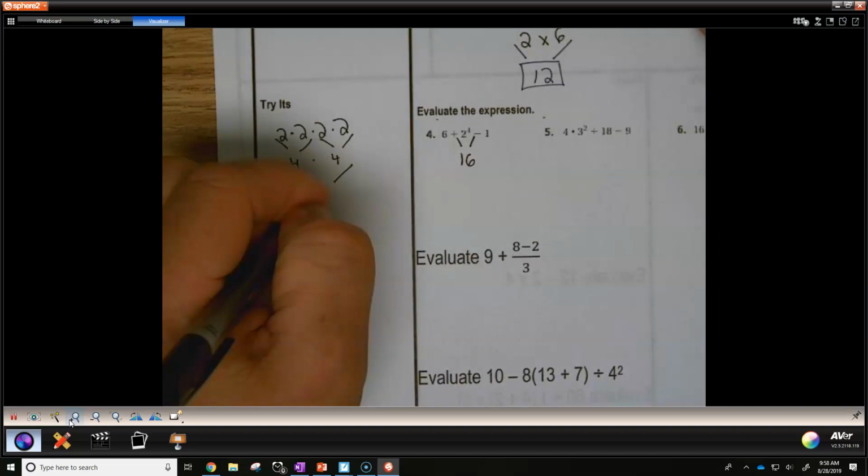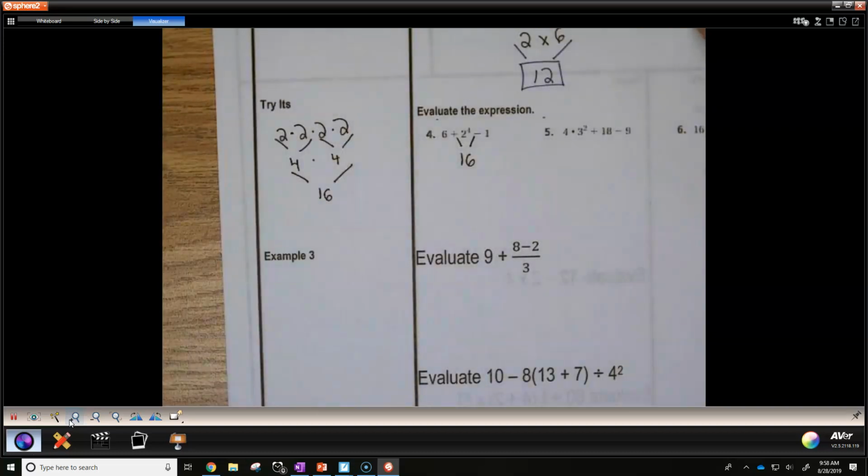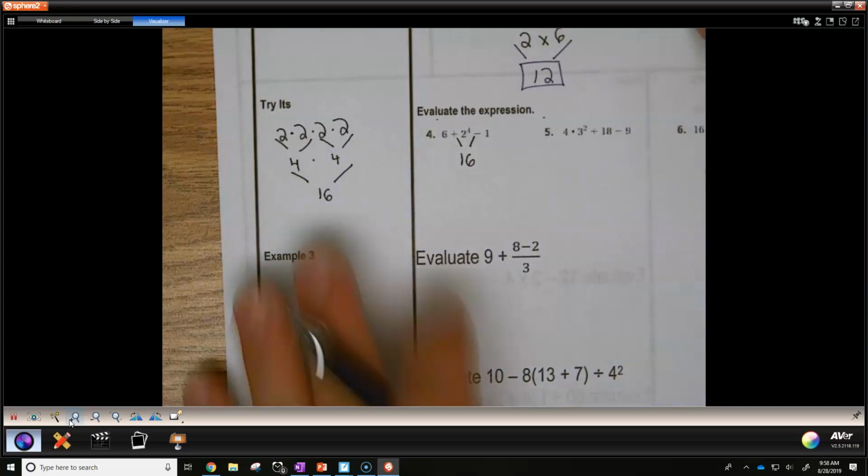Good, because it's like 2 times 2 times 2 times 2. 2 times 2 is 4, 2 times 2 is 4, and 4 times 4 is 16. 2 to the 4th meant 2 times 2 times 2 times 2, which gives us 16.